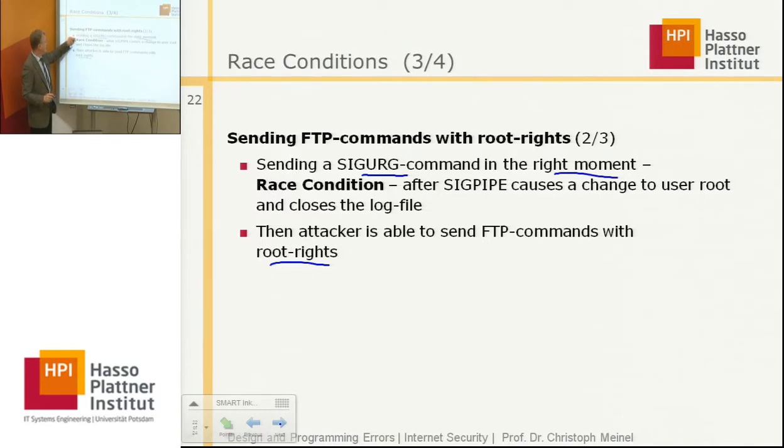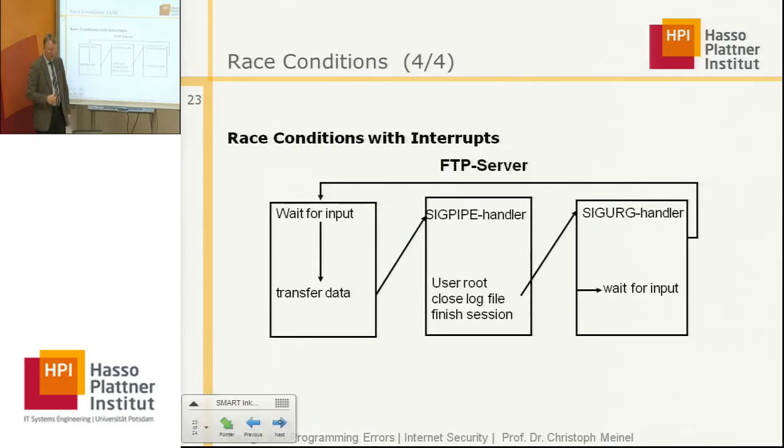Because at the right moment, SIGPIPE causes a change to user root, so the system is in user root, performing some administrational task, and before finishing this administrational task, the SIGURG command is given. So it needs to be exactly the right moment, and then the system is able to afterward perform FTP commands with such root rights.